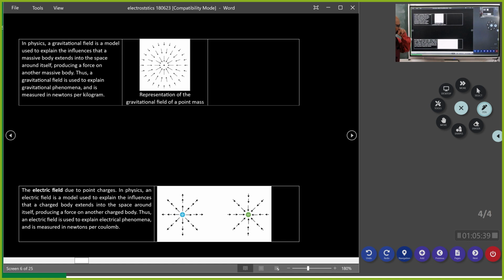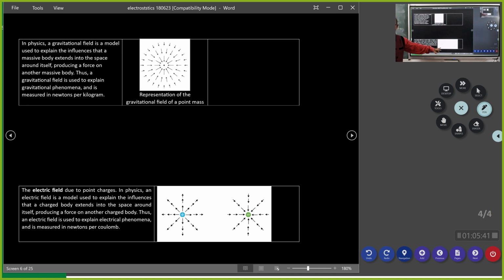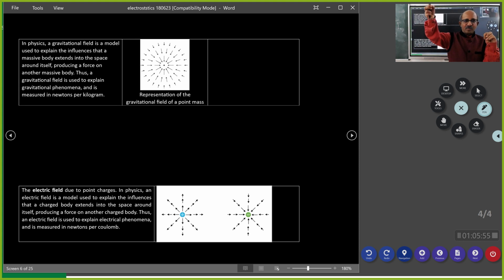Now coming here. Similarly, instead of a point mass, if you have a point charge, see, I have put a positive charge here. If I keep a positive charge here and another positive charge here, what happens? It will repel. And if I keep a positive charge here and a negative charge here, it will attract.